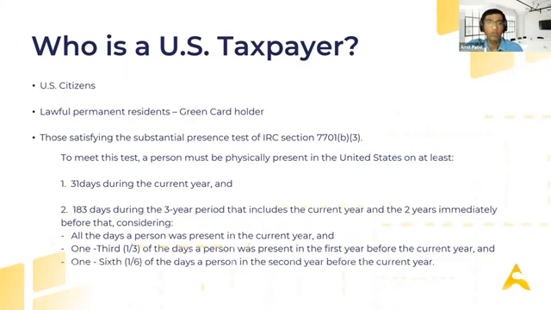You need to be in the US at least 31 days in 2021. Then all the days you stayed in the US in 2021, you will consider. Only 1/3 of the days you stayed in the US in 2020, you will consider. And only 1/6 of the days you stayed in the US in 2019, you will consider. So that is how this calculation works.